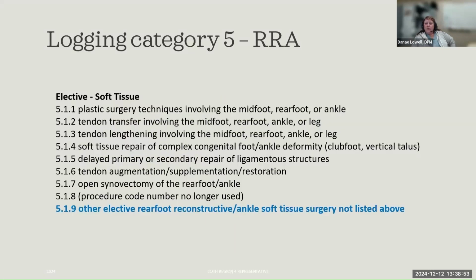Under Category 5 for elective soft tissue, you'll find these procedures listed. They encompass correction of chronic type injuries to soft tissues, tendons, and ligaments. The last one listed in blue is rarely if ever used. The proper logging document very specifically outlines which procedures can be selected individually versus those which are required to be bundled together.